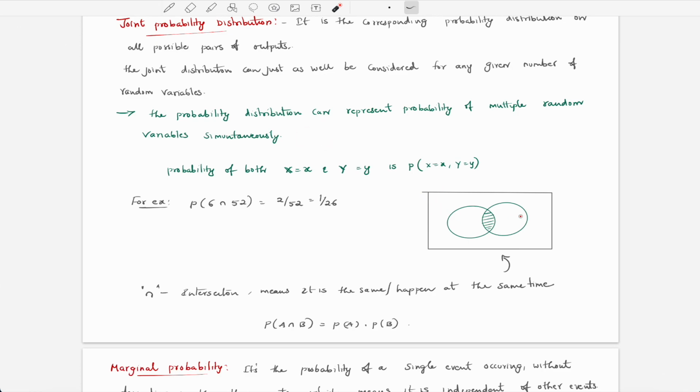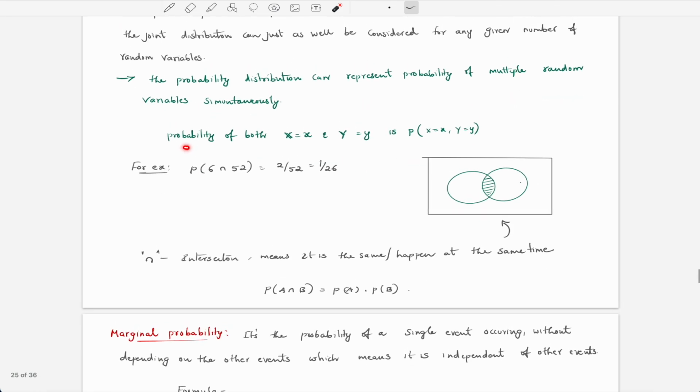So here we have given a diagram, so I will explain it here. The probability of both, capital X is equal to x and capital Y is equal to y, is the probability that capital X equals x and capital Y equals y, right? So for example, we have the probability of king intersection 52. If we have a deck of cards, that deck is 52, and I just want a king in that.